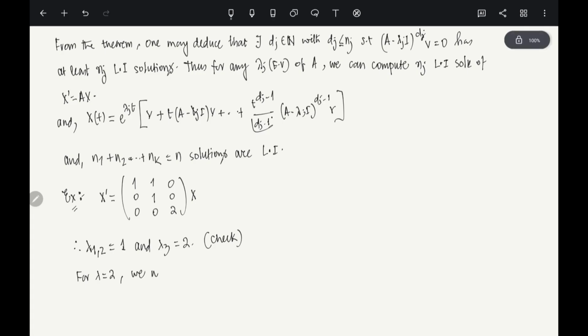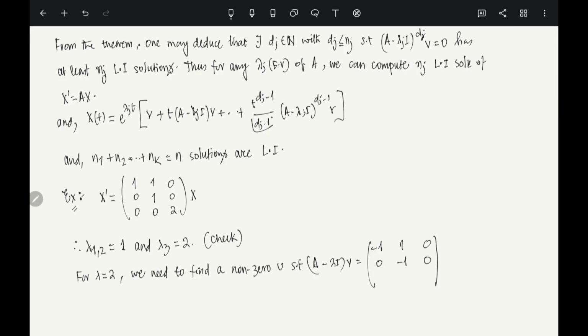We need to find a non-zero v such that (A minus 2I) times v, which if you calculate here, is the matrix with rows (minus 1 0 0), (1 minus 1 0), (0 0 0), times (v1, v2, v3), equal to (0, 0, 0).